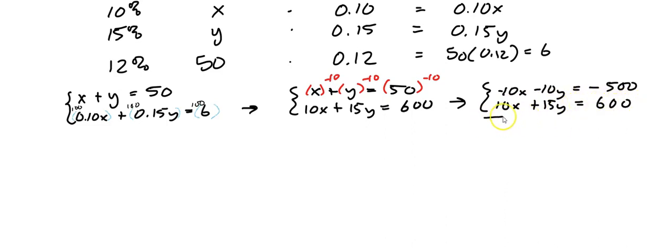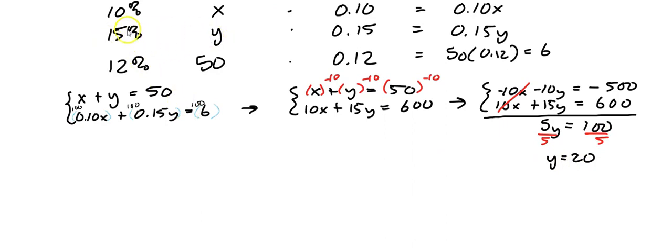If you recall, this is just the addition method. When we do that, these are going to cancel. -10 plus 15 is going to give us 5y. -500 plus 600 is going to give us 100. When we solve for y, basically divide out 5 on both sides, we're going to be left with y equals 20.